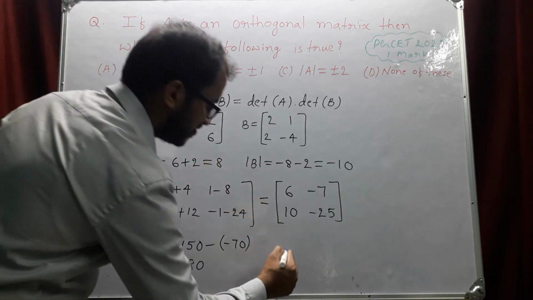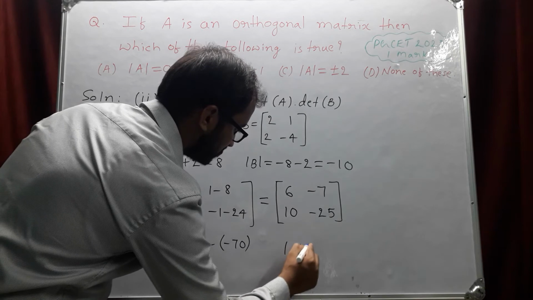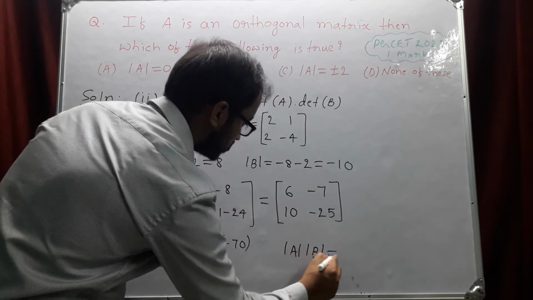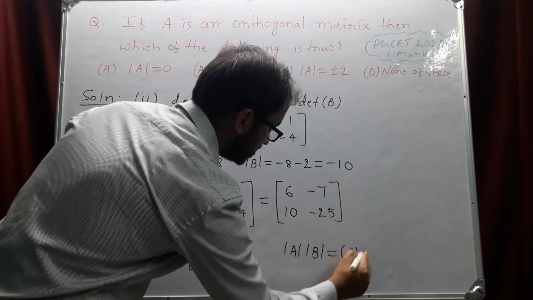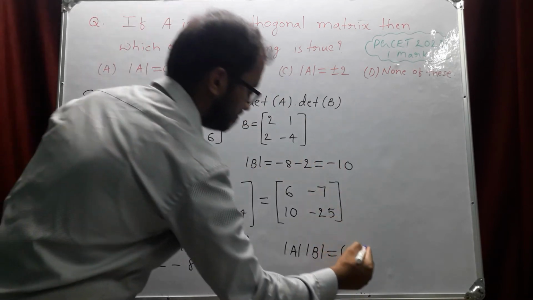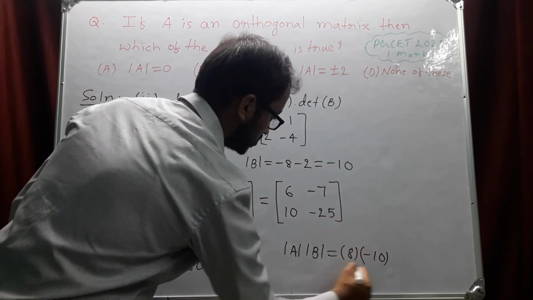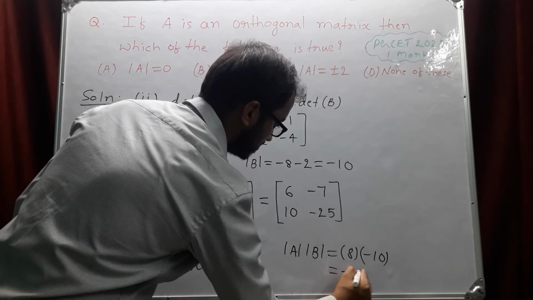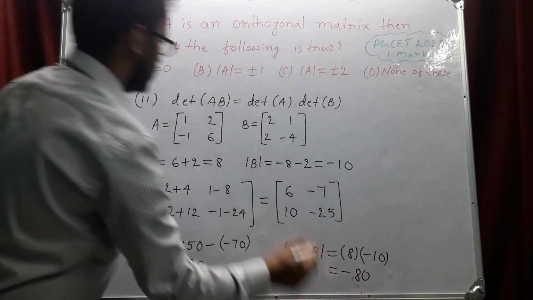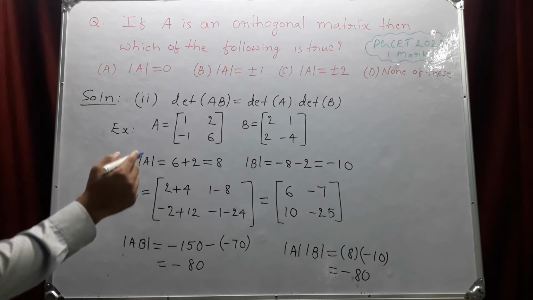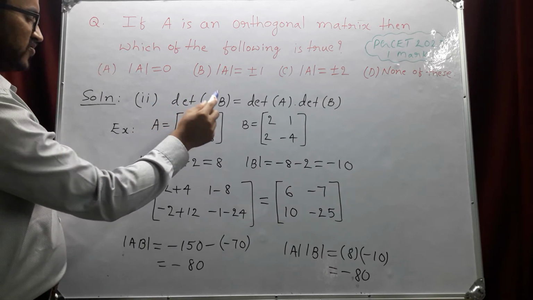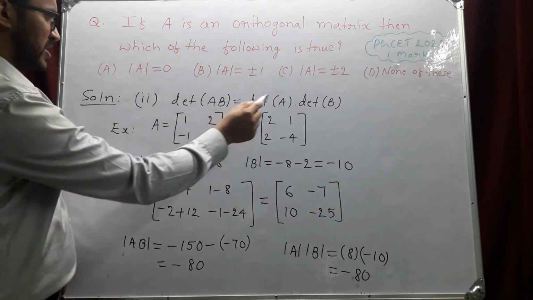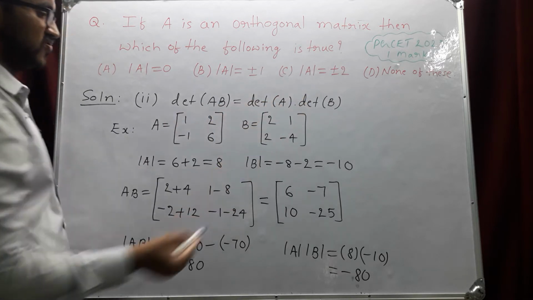Now determinant of A into determinant of B: determinant of A is 8, determinant of B is minus 10, so 8 into minus 10 becomes minus 80. So this is the second property we have to remember: determinant of AB can be written as determinant of A into determinant of B.